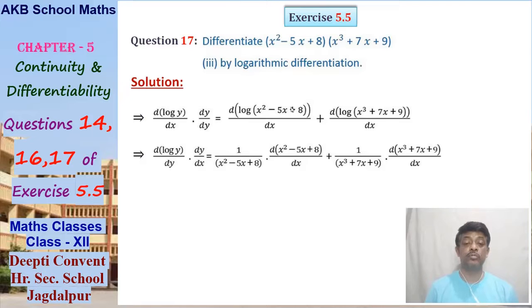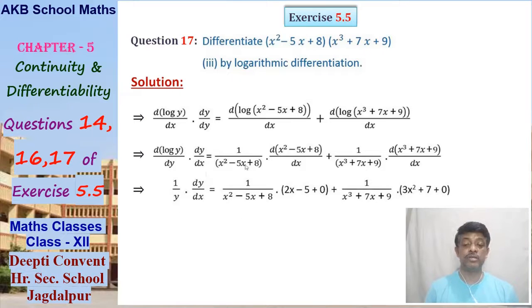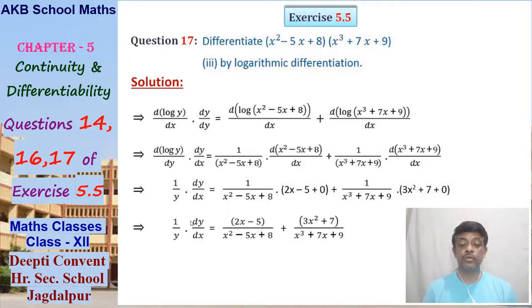Here log of this means 1 upon this into the derivative of this, plus similarly 1 upon this and the derivative of this. On the right side, 1 upon this, the derivative of this is 2x minus 5 plus 0, and also 3x square plus 7 plus 0. Clear? The constant term is 0. So we get 1 upon y dy by dx equals this plus this.